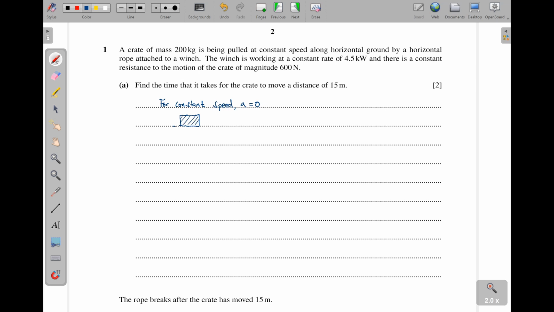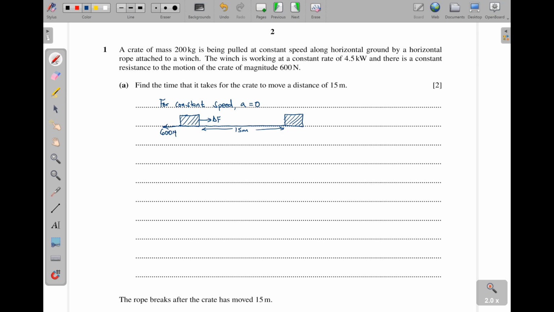It is being pulled along this horizontal rod, and then it reaches, let's say, somewhere there. So this is 15 meters, from here to there. Then there is a constant driving force here, and a resistance force to the motion, 600.